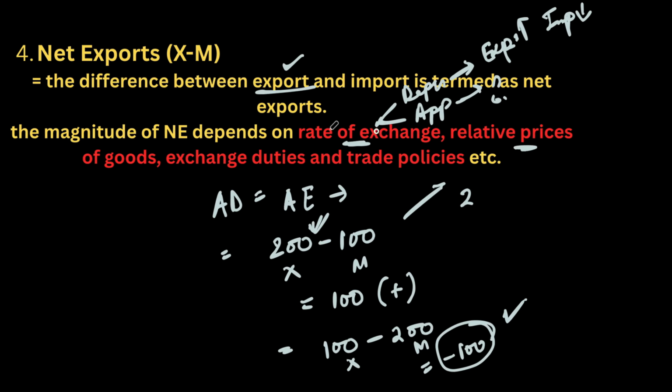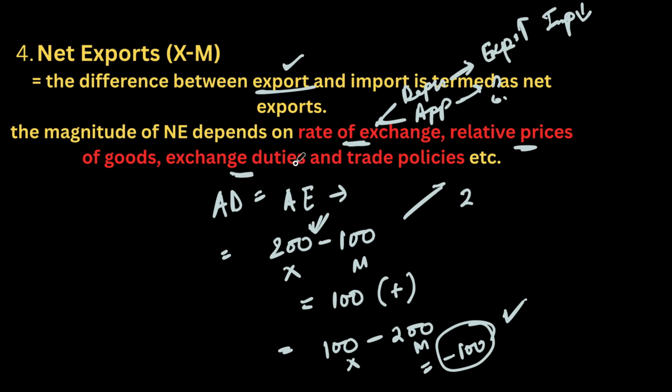Then relative prices of goods and services, which means they will also compare the prices of your goods and services with other countries' goods and services, since we are dealing with the international market, and international competitiveness plays a very important role while consumers are purchasing goods from us.